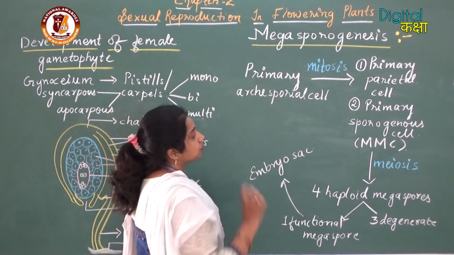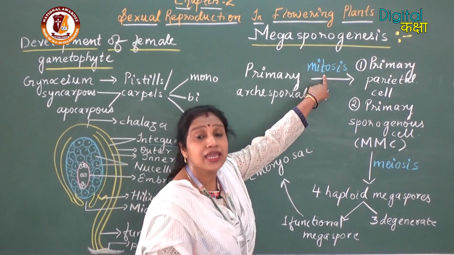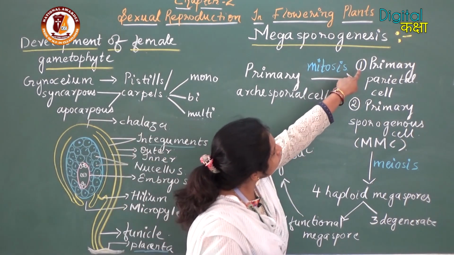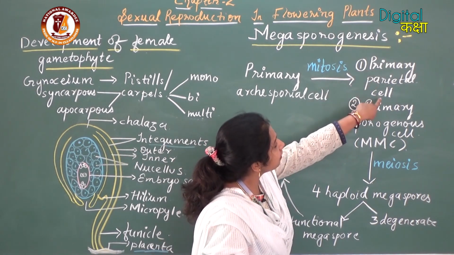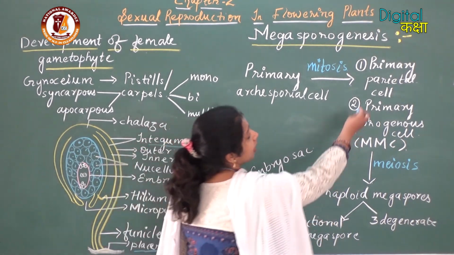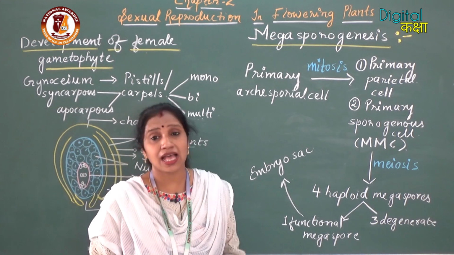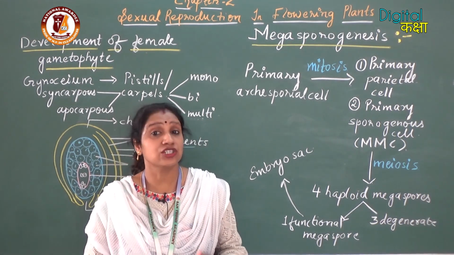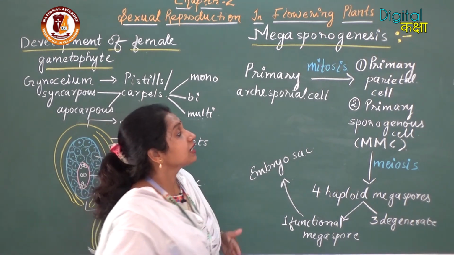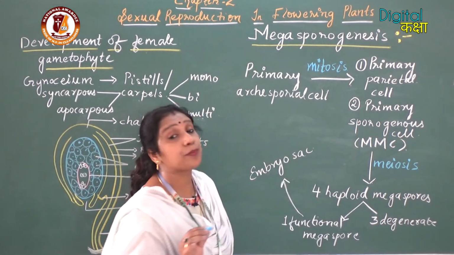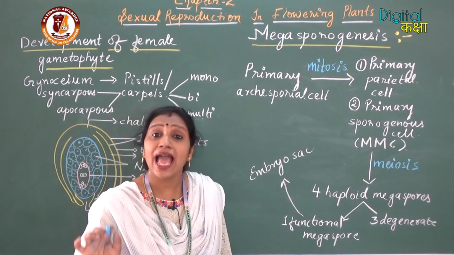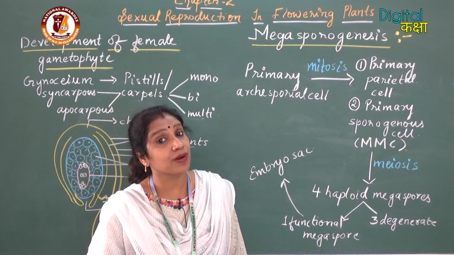It will divide by mitotic cell division to form two daughter cells. The two daughter cells are the primary parietal cell and the primary sporogenous cell. The primary parietal cell will act as one of the cells of the nucellus. It doesn't have any other function, it just adds to the cells of the nucellus. Now, coming to the second cell, the primary sporogenous cell.